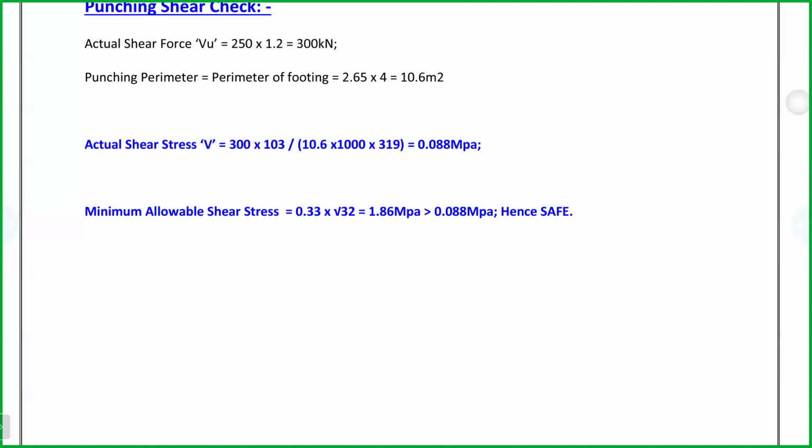So now you understand how to tackle it when there is a moment and when there is no moment. The critical thing is when you do have a moment, and the more critical is when you have a biaxial moment. Just try to understand. Just go through it.